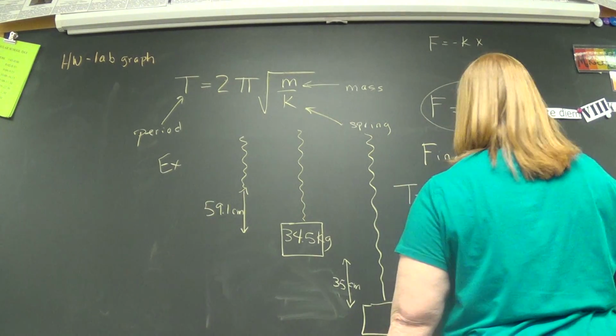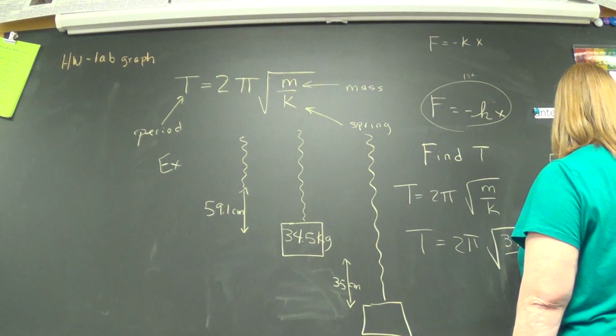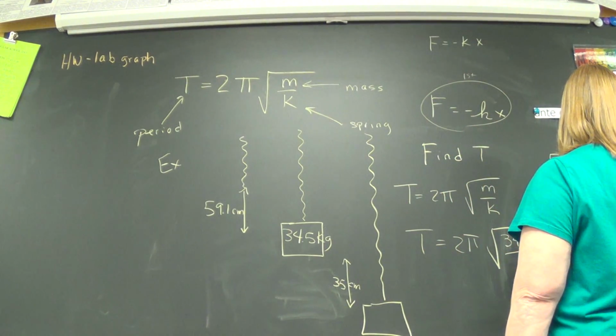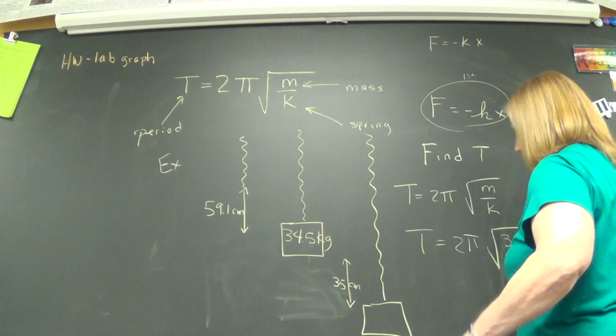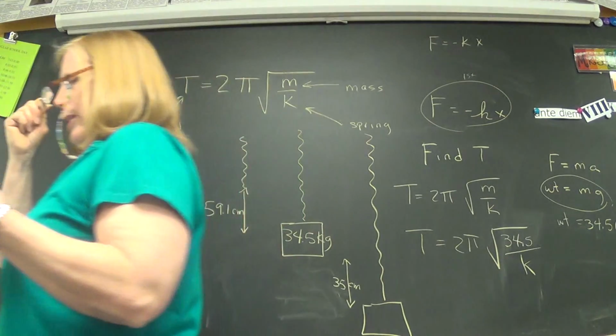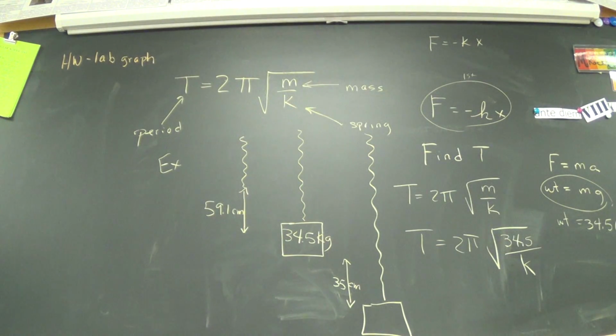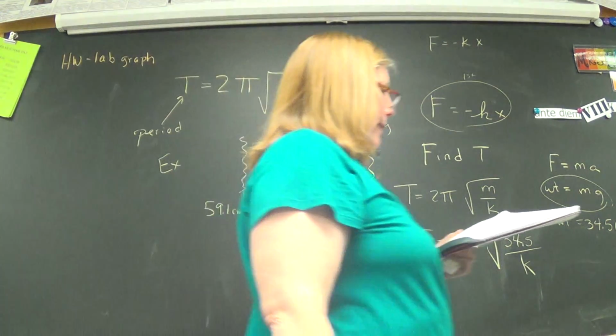So Hannah, if we put in 34.5 for the mass and 9.8 for g, what is weight? Just give me two sig figs. 340. That's what I got. 340 or 350? 340.